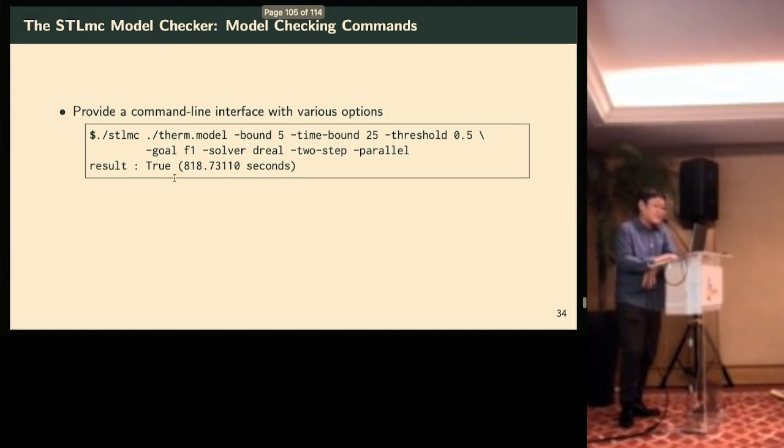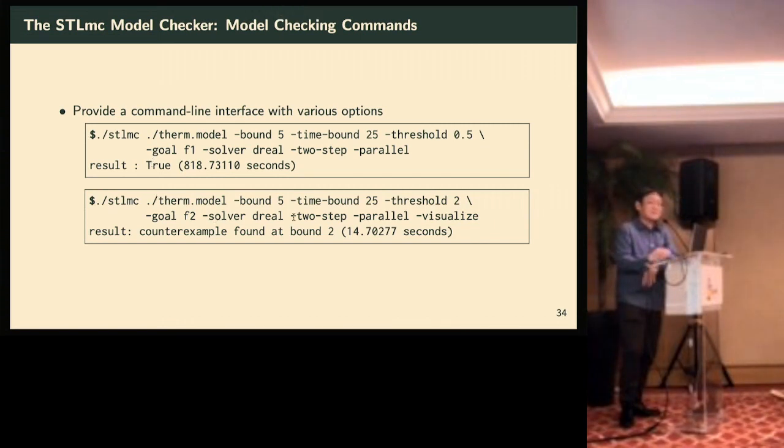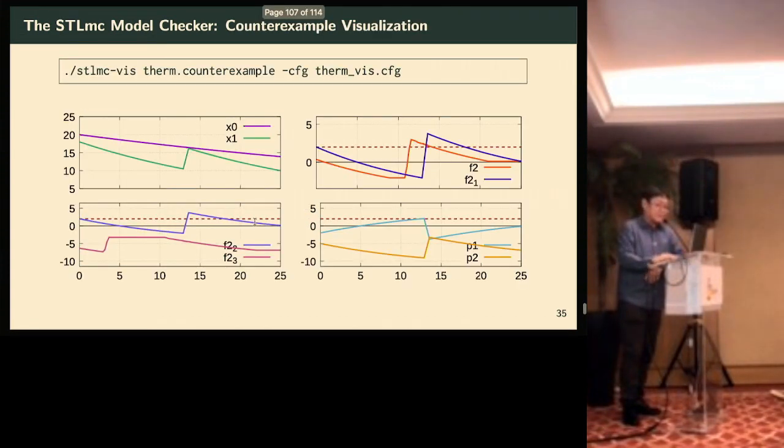It can either say no counterexample found, or a counterexample is found at a certain bound. If a counterexample is found, then using the satisfying assignment returned by the SMT solver, we can draw the counterexample. For example, this is for a thermostat example. This visualizes the trajectory of the propositions, and this is the trajectory for each subformula.